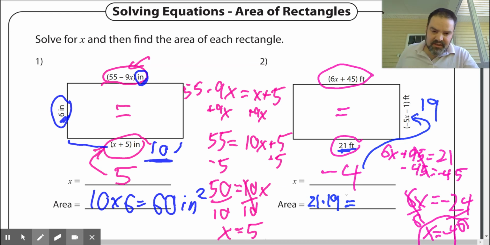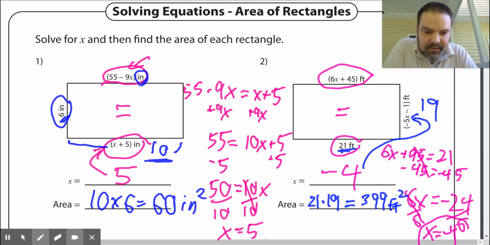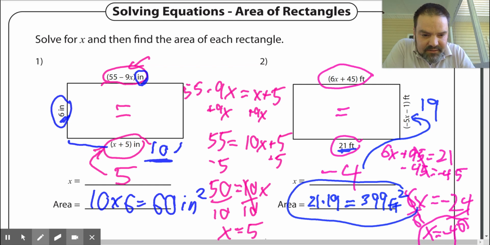So it's going to be 21 less than that. So that should be 399. 399 square feet. And that would be our final answer in this particular case.